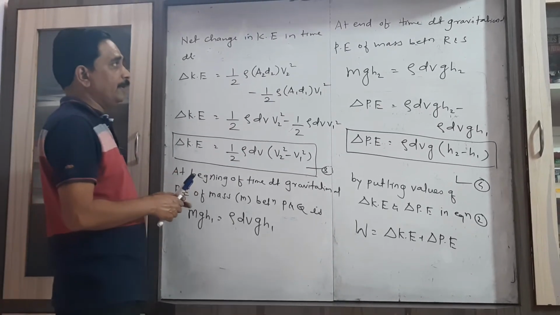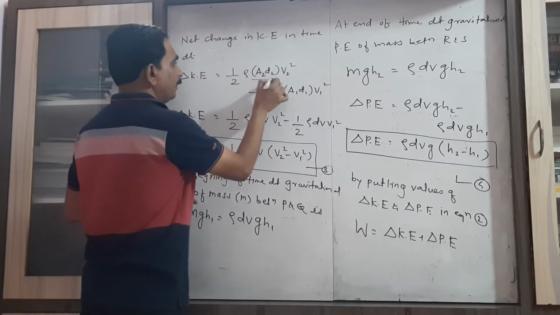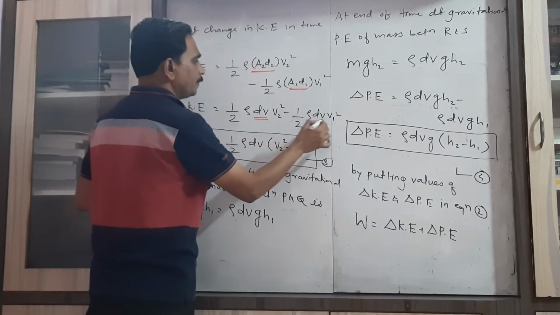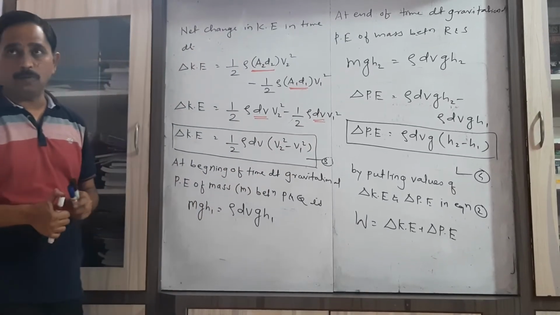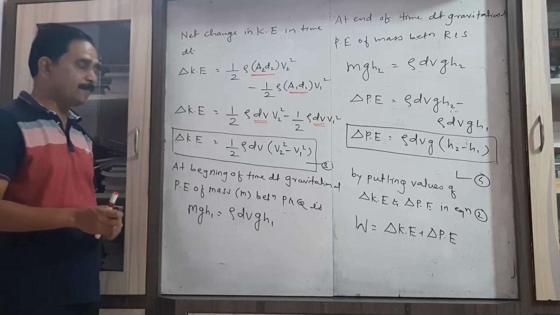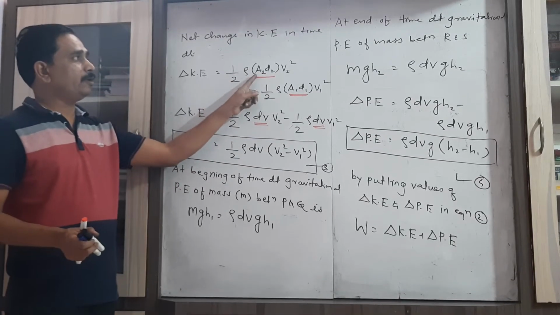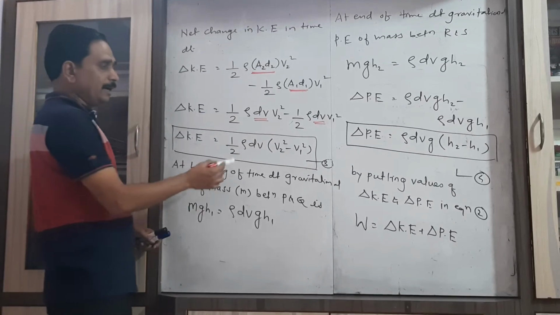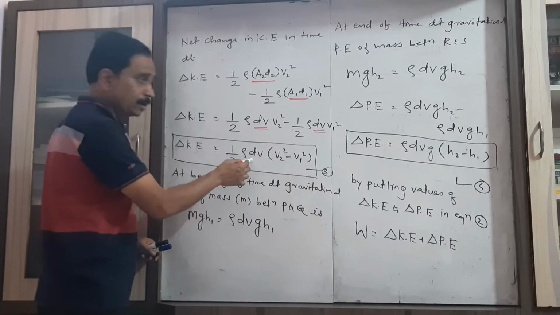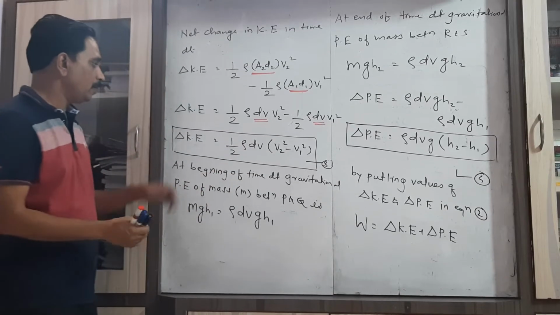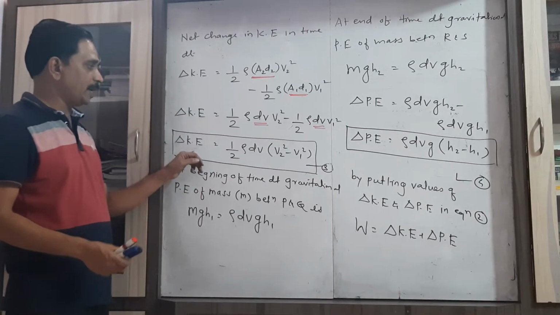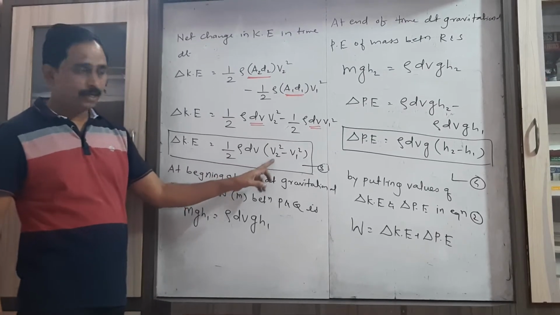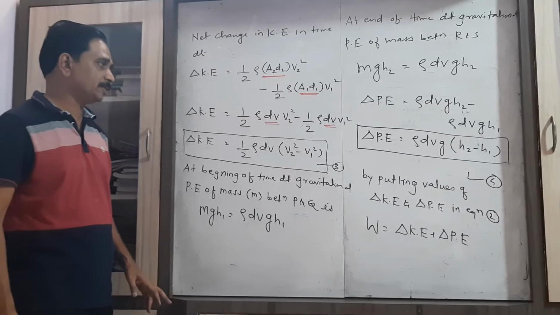Now we put the value of A2 d2 and A1 d1 as dV, because the volume at every cross section is the same. Making half rho dV common, we have the change in kinetic energy equal to half rho dV in brackets V2 square minus V1 square.